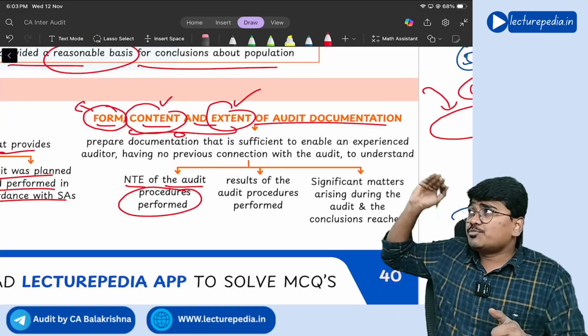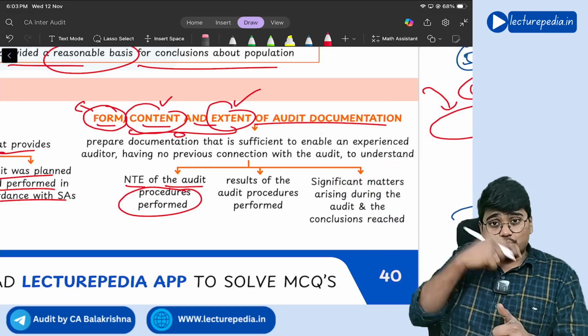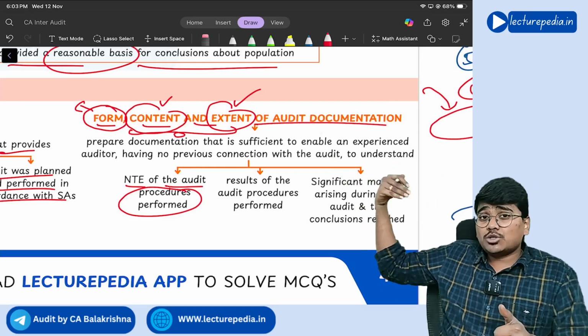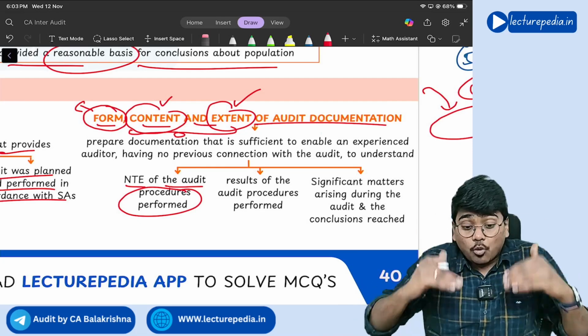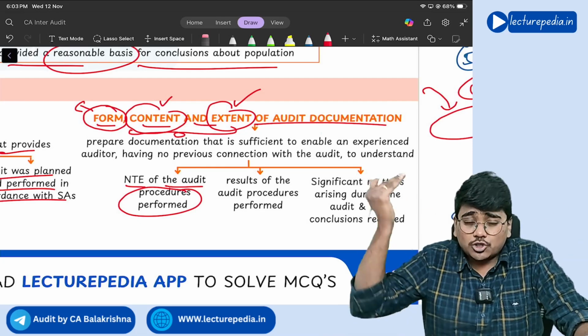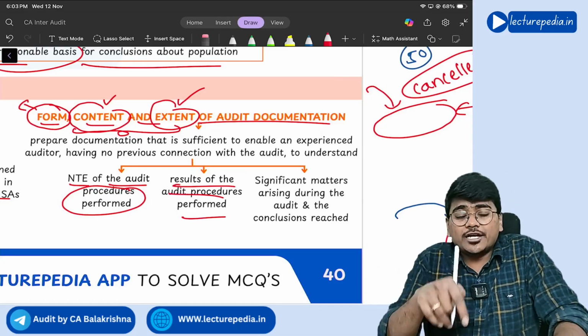So an experienced auditor who has no idea of your audit should be able to understand, by seeing your audit documentation, what procedures you have performed. And the results of those audit procedures performed.